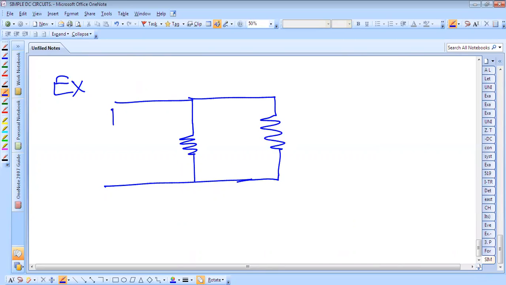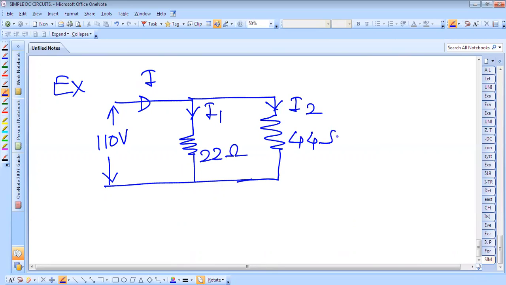The voltage across is 110 volt. This is the circuit current, and these are the branch currents going through the first branch and second branch. The resistances are given: R1 is 22 ohm and R2 is 44 ohm. We have to calculate the supply current.